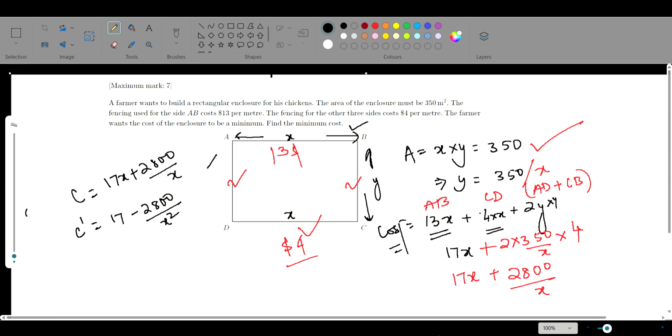AD is Y and BC is Y. So when I add the Y and Y, it becomes 2Y. And the cost for enclosement is $4.